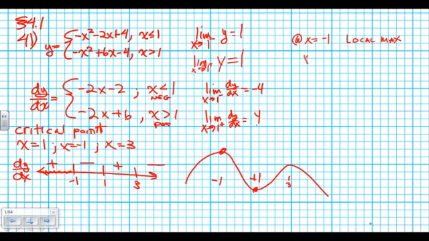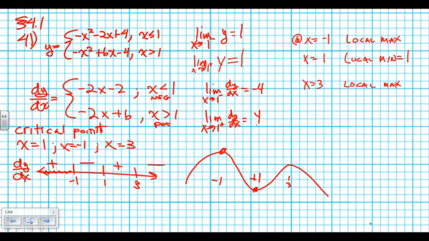I say at x equal 1, we have a local min. I say at x equal 3, we have a local max. By the way, the local min is equal to, as we just calculated, 1.